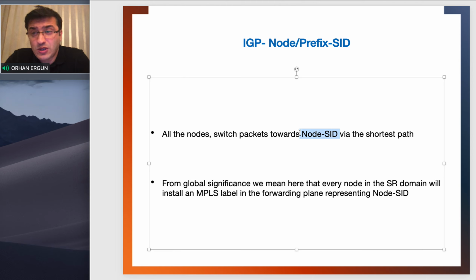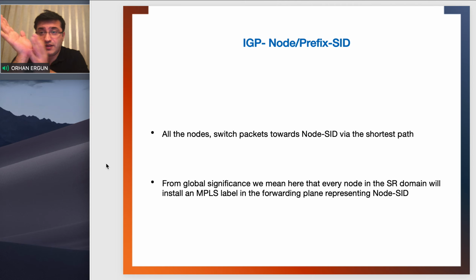So without the adjacency segment, if you would just use the node segment and you have multiple paths, you would only use one of them, the shortest one. But what if there is ECMP? ECMP is ECMP, you can utilize it here. We cannot use ECMP with RSVP, correct? You need to have multiple tunnels with RSVP.